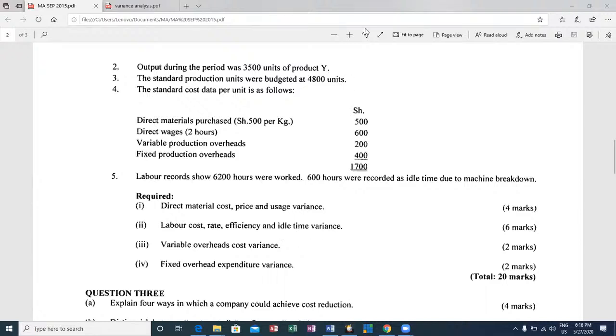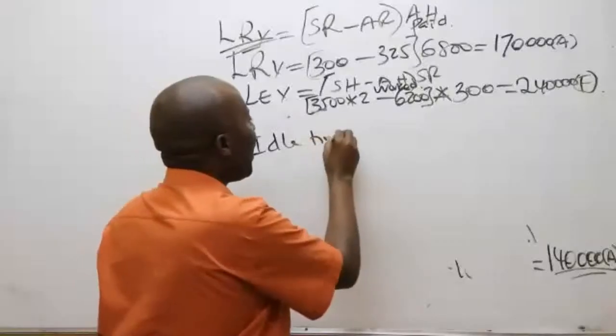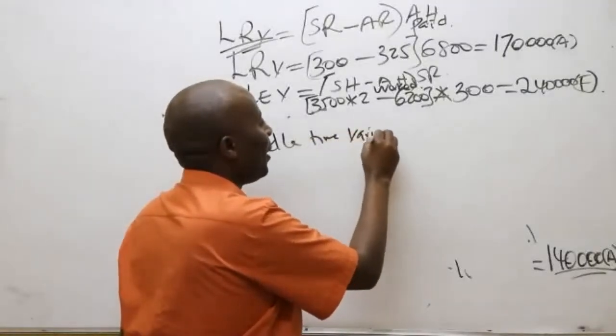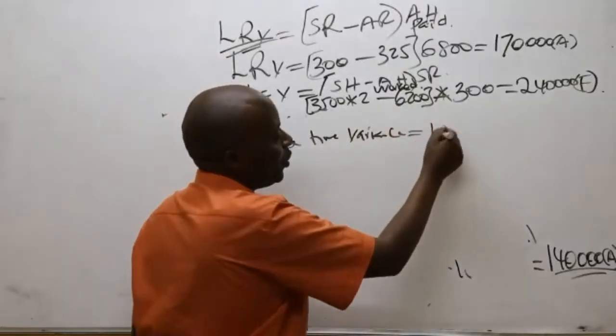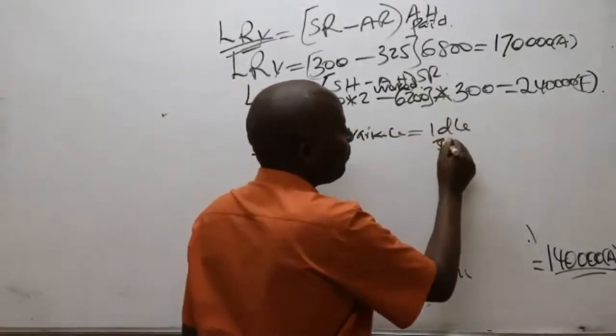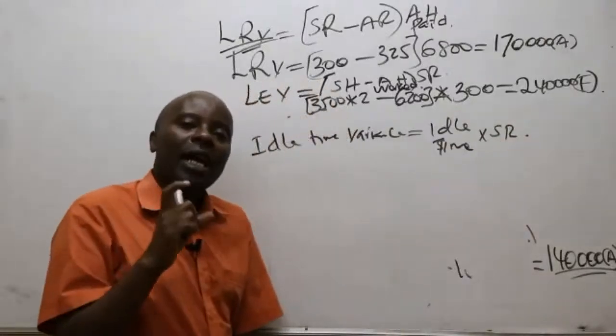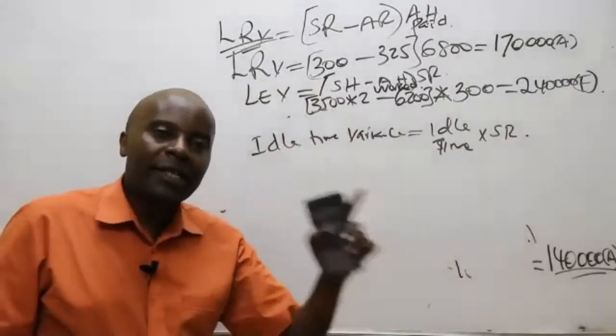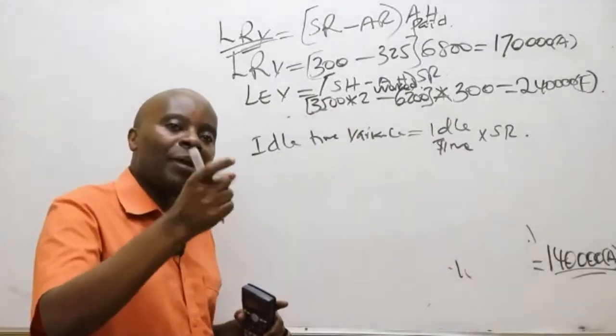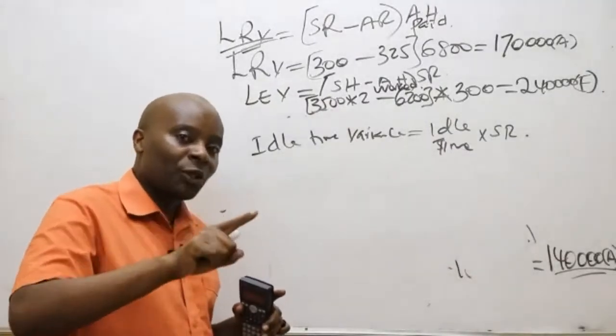Ladies and gentlemen, idle time variance is very easy. You take idle time times SR. That is the time which you paid your workers, but you never got a commensurate production from them.